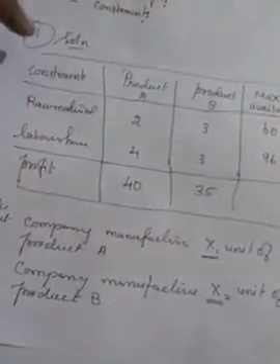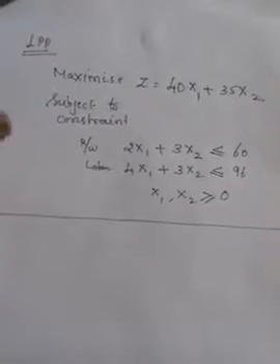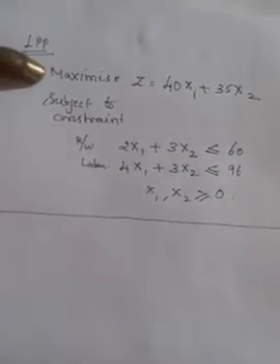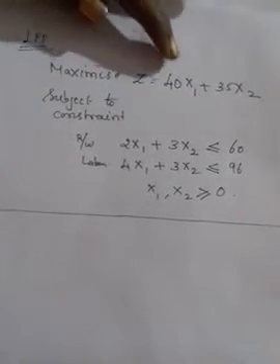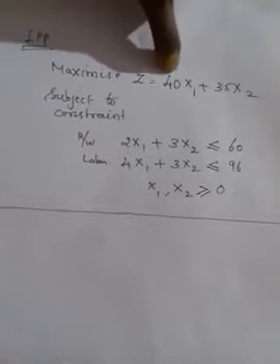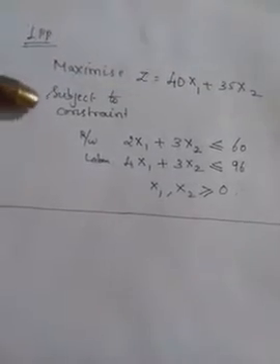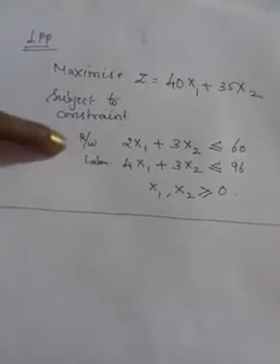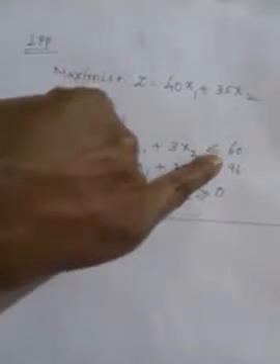We put it in the form of a table, and now we have done the LPP formulation. So since they have given maximize, profit they gave, we have to use maximize, and for profit you have to write 40 for product A and 35 for product B. Okay, subject to the constraints, they said raw material and labor, and you have to write for product A and product B, and maximum available raw material is 60.